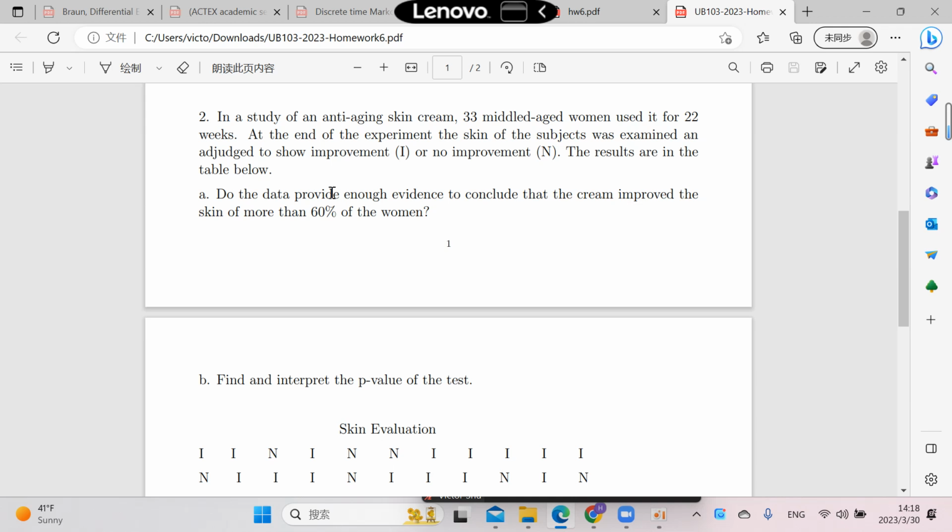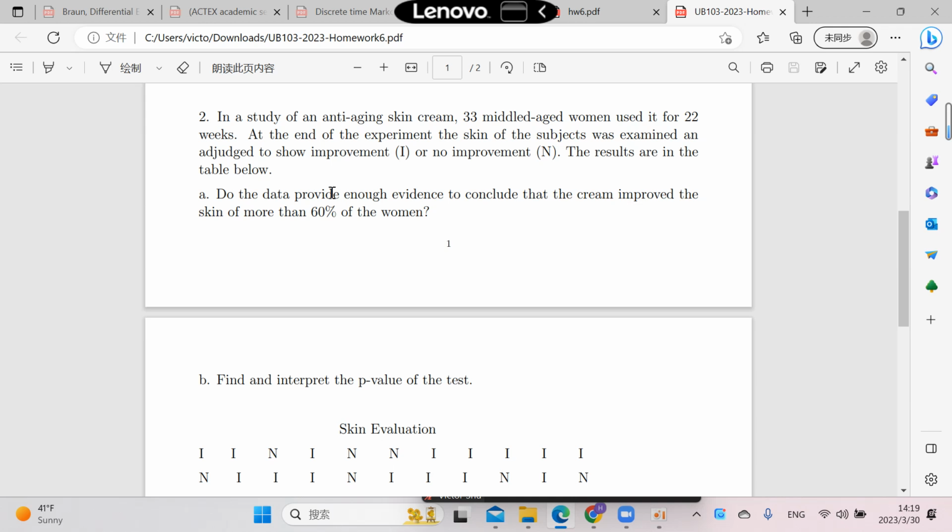So basically that's your numerator, your observation minus 0.6, and in the denominator it should be the standard deviation. You can remember your formula from the binomial distribution, because here basically that's a binomial distribution.